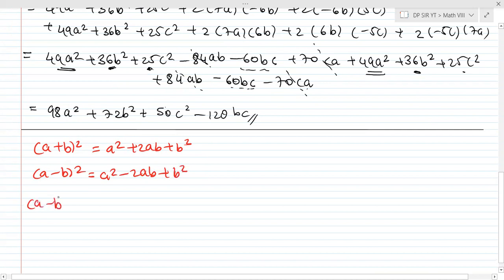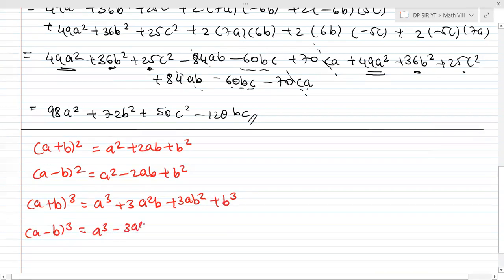Then a plus b the whole cube is equal to a cube plus 3a square b plus 3ab square plus b cube. Then a minus b the whole cube is equal to a cube minus 3a square b plus 3ab square minus b cube.